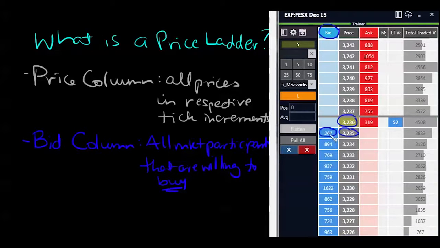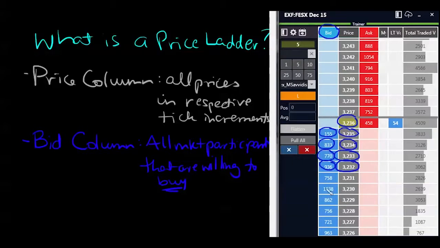So that's gone down to 244, 386, and so on and so forth that are willing to buy at 32.35. Then there's another about 900 lots willing to buy at 32.34, 770 at 32.33, 936 lots willing to buy at 32.32, and that goes all the way down the page.